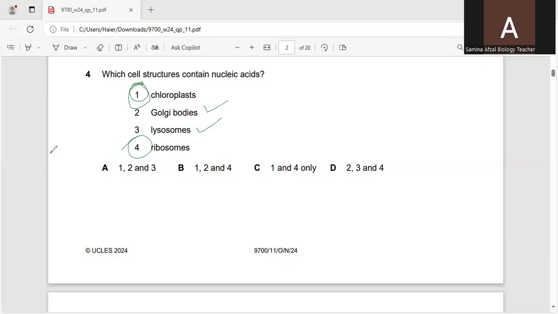So the answer is C, 1 and 4. Golgi bodies modify the proteins, and lysosomes produce the enzymes. So C is the correct option. A, B, and D are not the correct options.